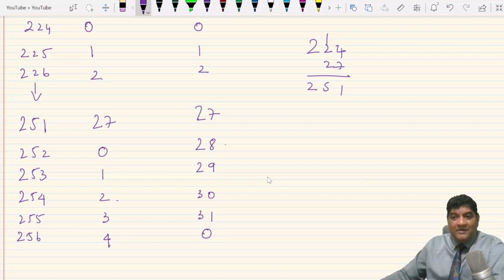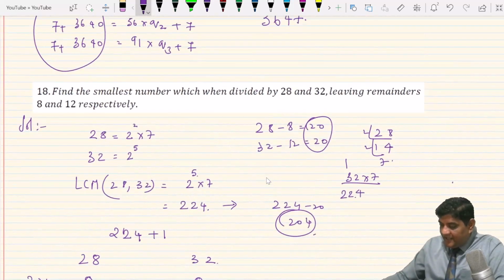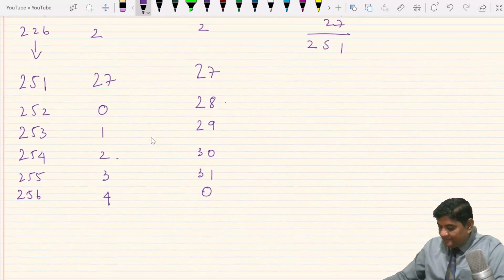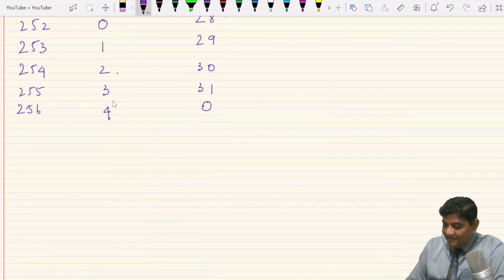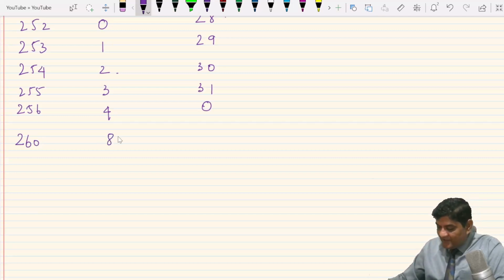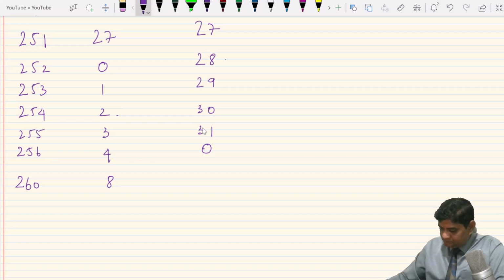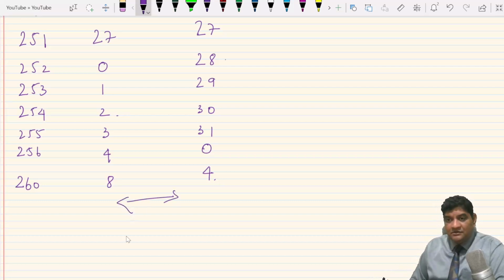If I continue further and I'm looking for a remainder of 8, I'm going to be adding another 4 to this, so I get 260, where the remainder is going to be 8. Whereas in this case, when I'm adding 8 to it, the remainder is going to be 4. So here I will start getting different remainders.